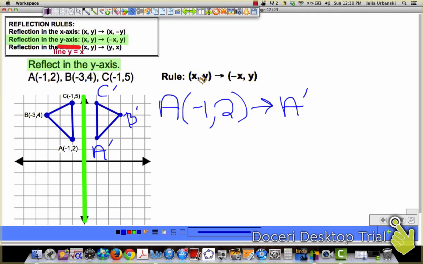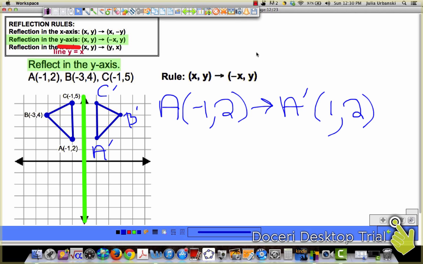X is -1, but this time the X turns into -X. So I have to take this -1 and make it the opposite, so it's going to turn into +1. X turns into the opposite of X. But if you look at the rule, the Y, which is 2, stays Y. It doesn't change. The Y becomes just another Y, so that is 2, and that's what our new point should be. Look, it worked. A prime is at 1, 2.